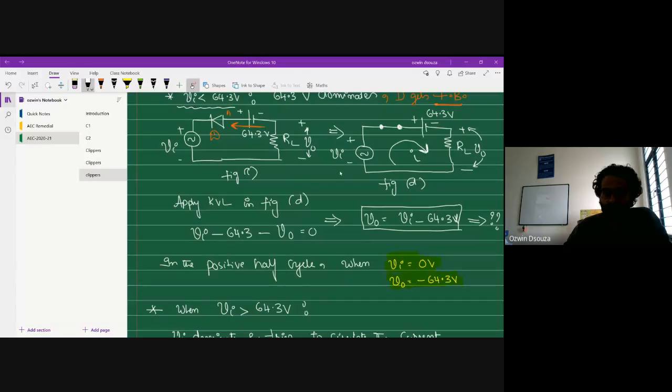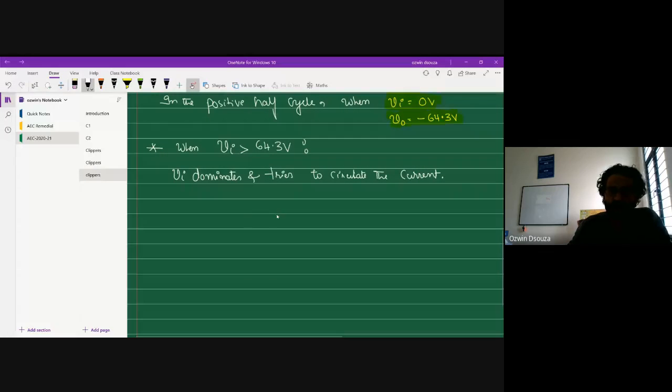So when you consider Vi as the dominating source, what will happen to the diode conduction? The positive terminal of Vi is connected to the cathode terminal of the diode, so the diode gets reverse biased. Whenever Vi is greater than 64.3, the diode gets reverse biased. The moment you get the reverse bias scenario, you can replace the diode with an open circuit equivalent.